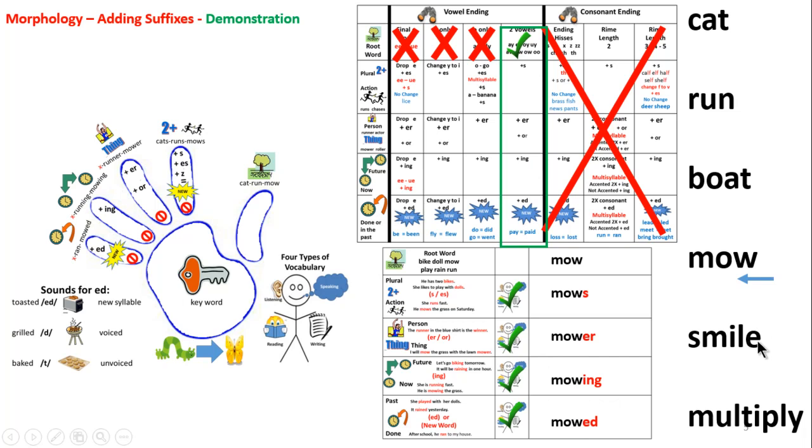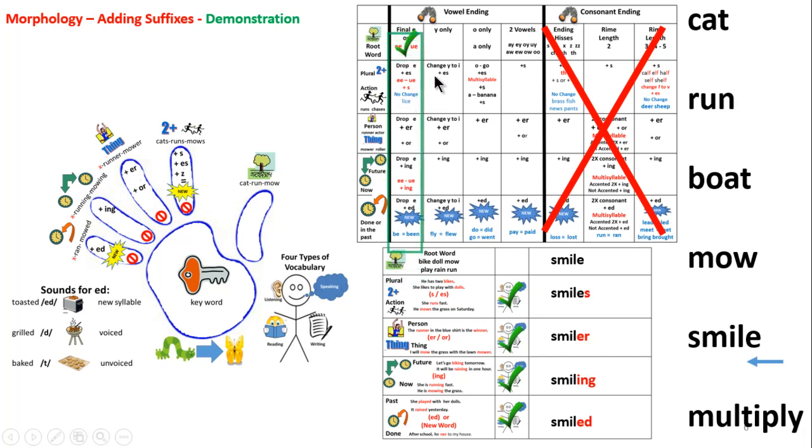Let's take a look at smile. Okay, again, we verified that we have smiles, smiler, smiling, and smiled. So again, we look at the very last letter. It's a vowel, so we cross off the consonants. Now we look at the final E. Yes, that's the rule we want, so we can cross off the other rules.